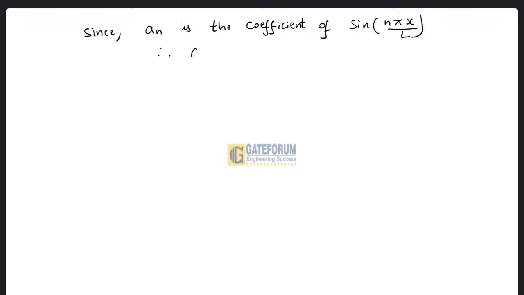Therefore, the value of the Fourier coefficient an, given by Euler's formula, is 1 by l integral from minus l to l of f of x into sine n pi x by l dx. Again, what is f of x?